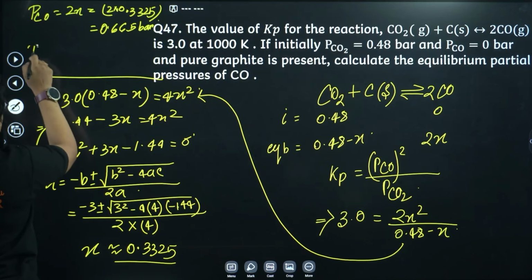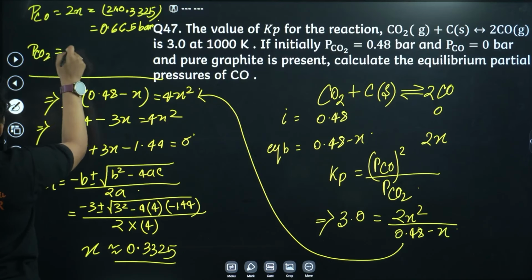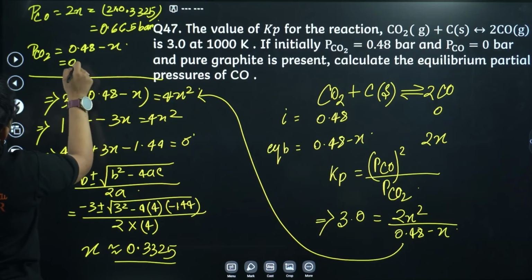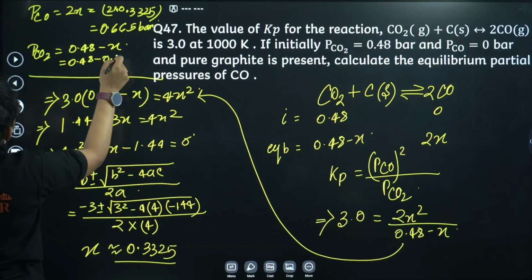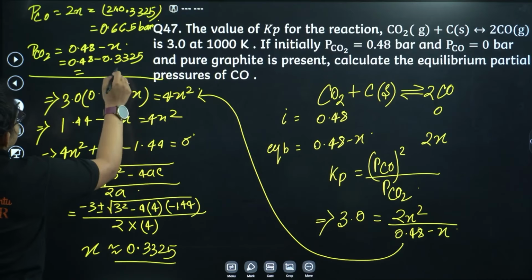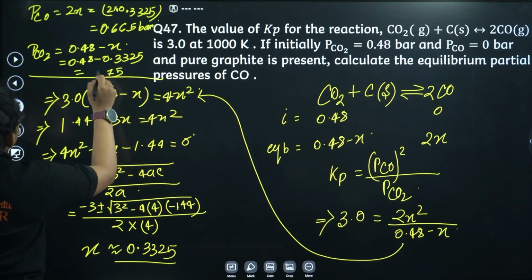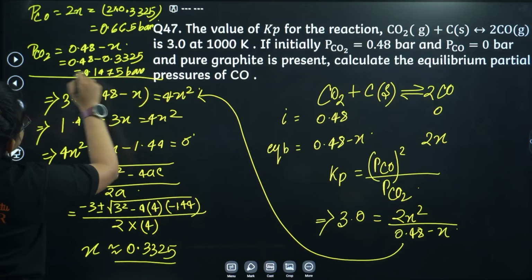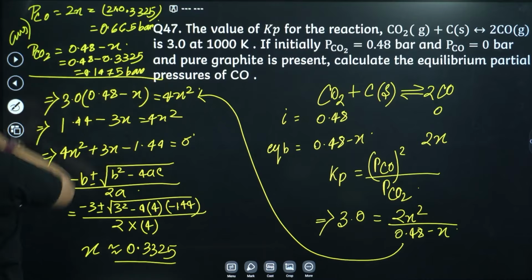The pressure of CO2 is 0.48 minus x, so 0.48 minus 0.3325, that's 0.1475 bar. That's it. This is your answer.